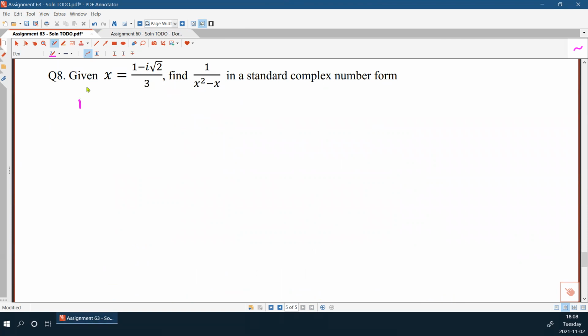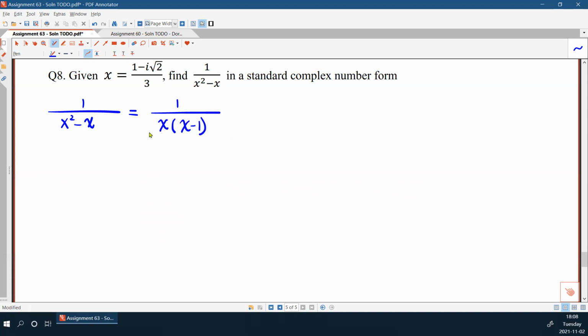So the expression states that 1 over x squared minus x, right? So I think instead of calculating x squared minus x, we can calculate the product of x times x minus 1.